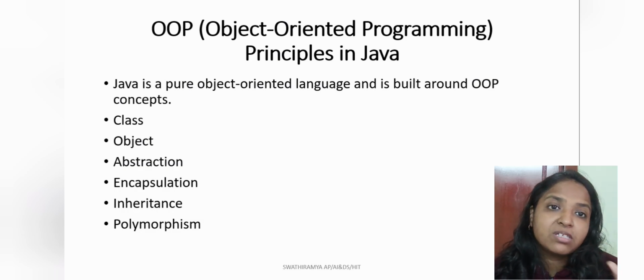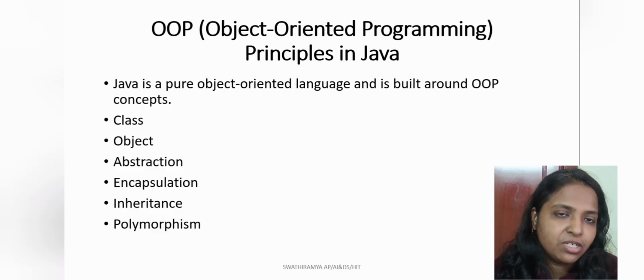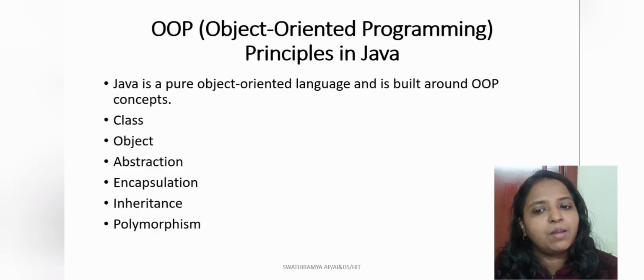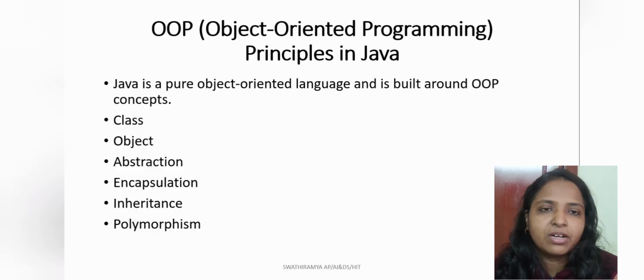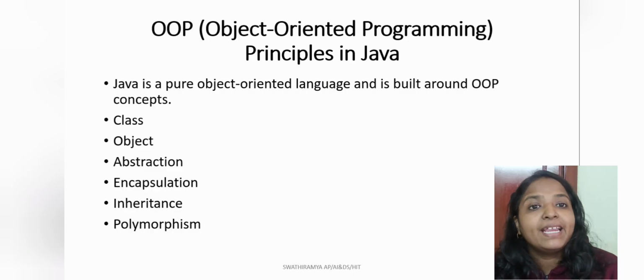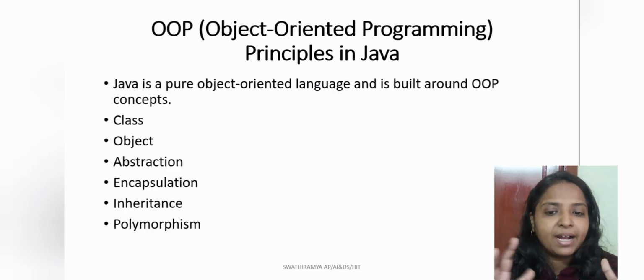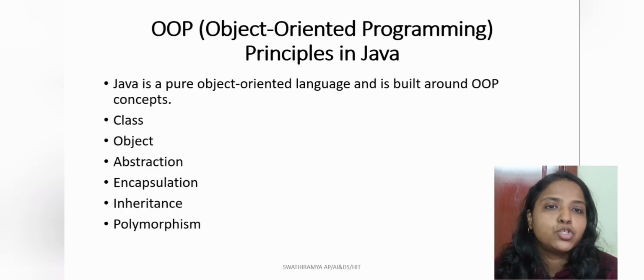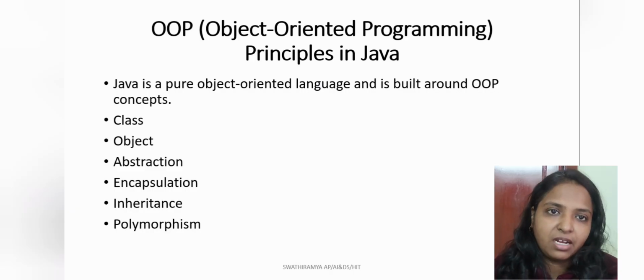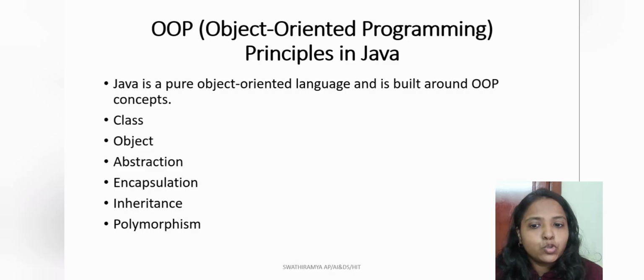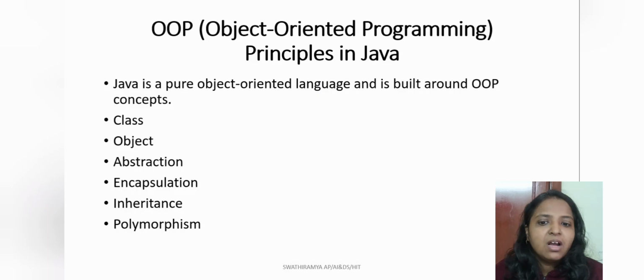Abstraction means focusing on essential information and hiding unnecessary implementation details from the client or the user. Encapsulation means combining data and methods together and protecting the data. Inheritance allows one class to acquire the properties and behavior from another class.